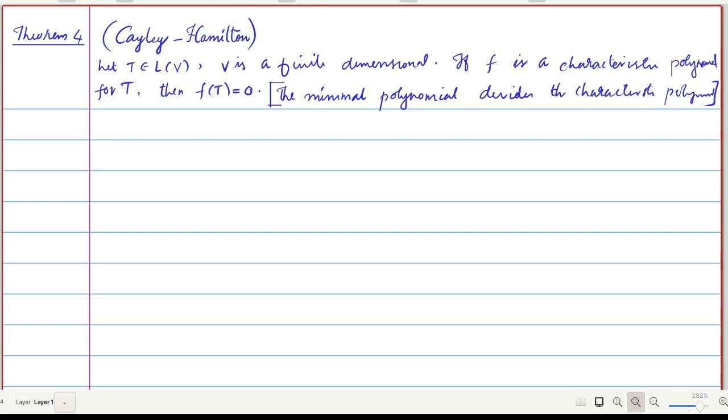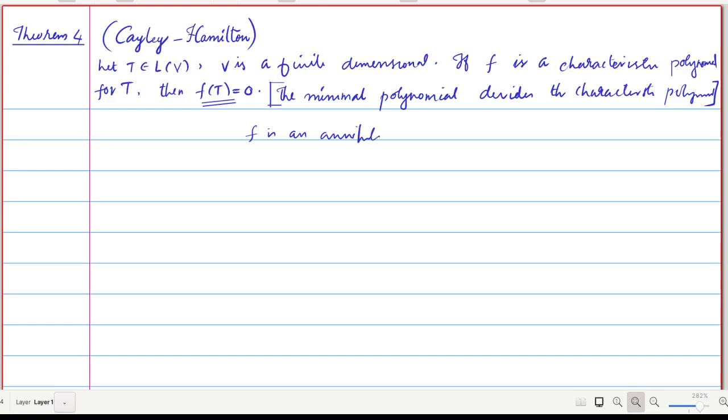This theorem can also be considered in another way: the minimal polynomial for T divides the characteristic polynomial. Once you prove the statement f of T equal to 0, then we can say that f is an annihilating polynomial.